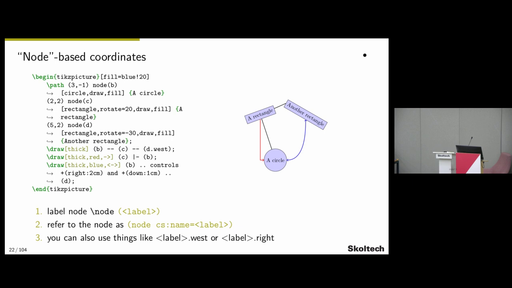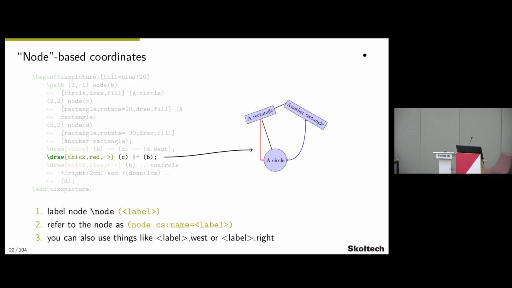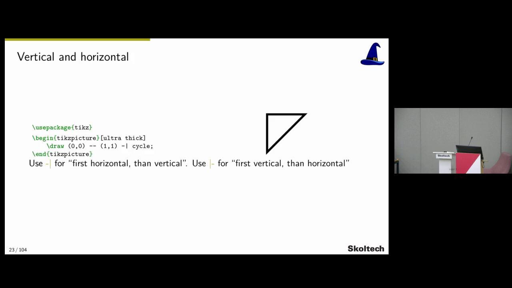We can state exactly where we want to connect the nodes. And that's all. I already told you about the strict vertical then horizontal. So instead of straight, we can do it in a rectangular manner.